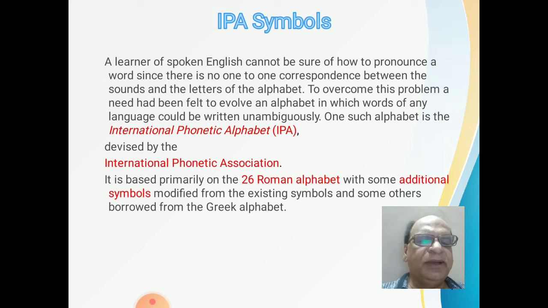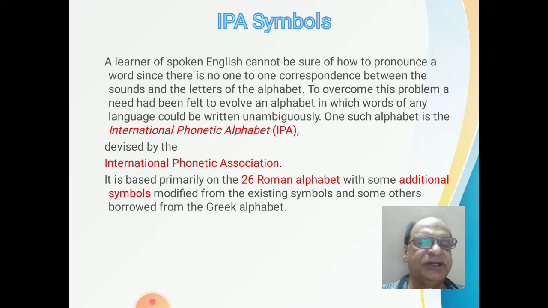One such alphabet is the International Phonetic Alphabet, IPA. It was devised by the International Phonetic Association. Now, what is this IPA? It is based primarily on the 26 Roman alphabet letters that we all know, with some additional symbols modified from the existing symbols and some others borrowed from the Greek alphabet.